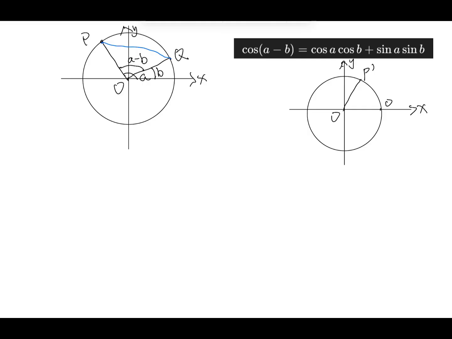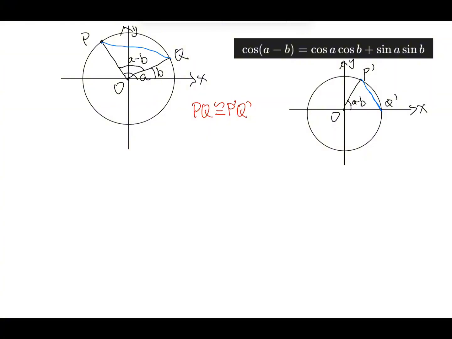We rotated this triangle. Now, if we connect P prime, Q prime, then this angle, P prime, O, Q prime, is equal to A minus B also. Now, we can see clearly because we rotated it, so these two triangles, POQ and P prime, O, Q prime, are actually congruent. So PQ is actually equal to P prime, Q prime.